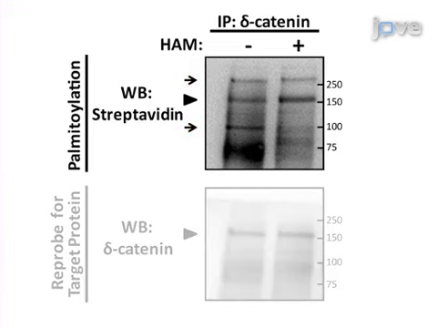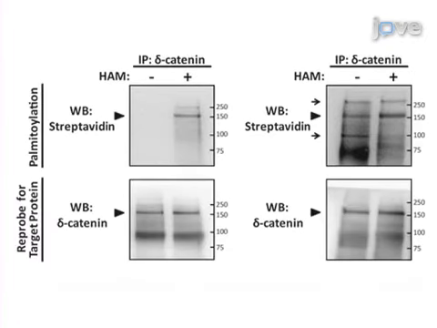The resulting streptavidin Western blot profiles among the minus and plus HAM samples for delta-catenin palmitoylation appear similar when treated with 4 micromolar biotin BMCC, with additional background signals at different sizes, which indicates that inappropriate biotinylation occurred.